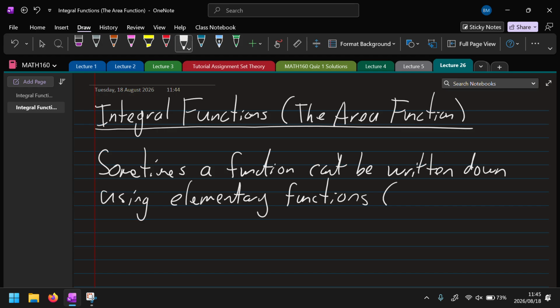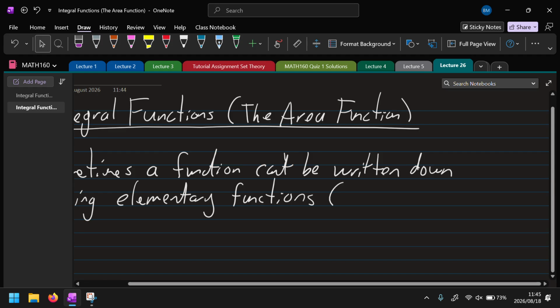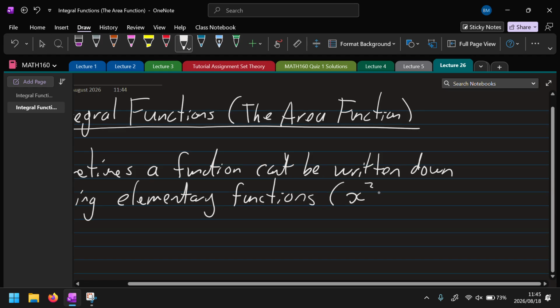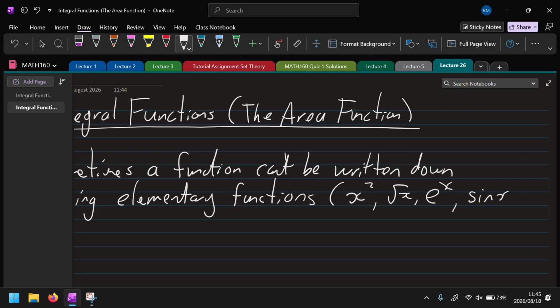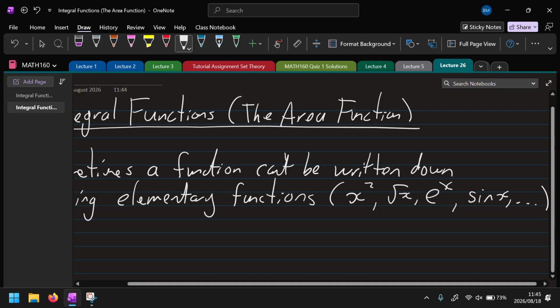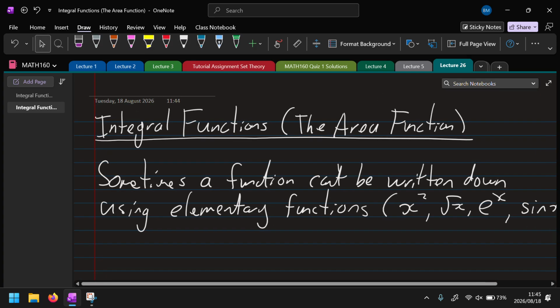So what do we mean by elementary functions? Well, it's the ones that we've been using all along: x squared, root x, e to the x, trig functions, logarithms, and so on. All of those standard functions. So there are, in fact, functions that cannot be written down using those particular functions.